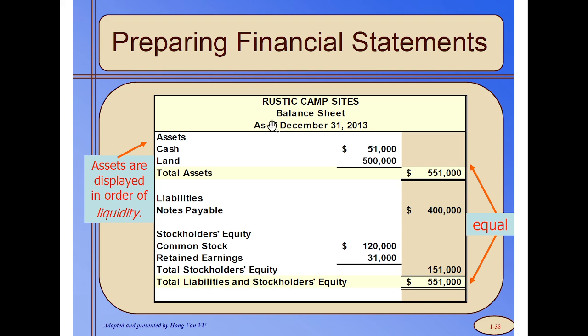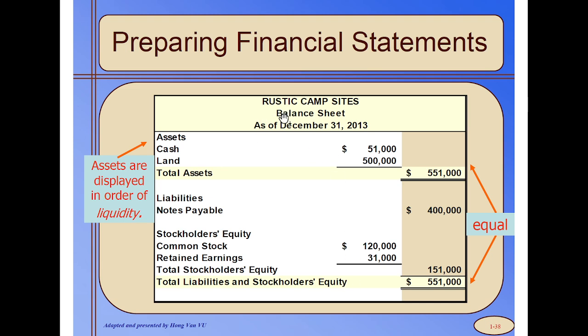The balance sheet, what does it mean? The balance sheet shows the company's assets and the claims on those assets, meaning the liabilities and owners' equity. The accounting equation must be balanced, which means that total assets should equal total liabilities plus stockholders' equity.